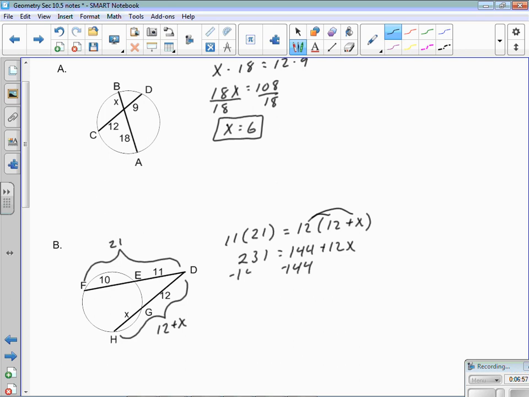Subtract the 144 from both sides. 87 equals 12x. And divide by 12. That's 7.25 equals x.